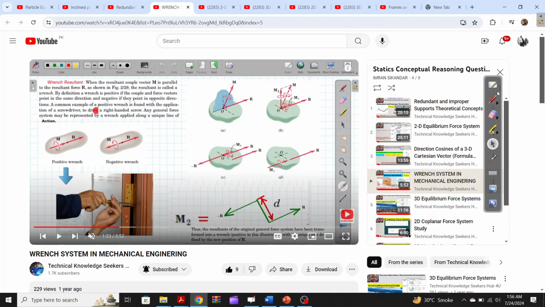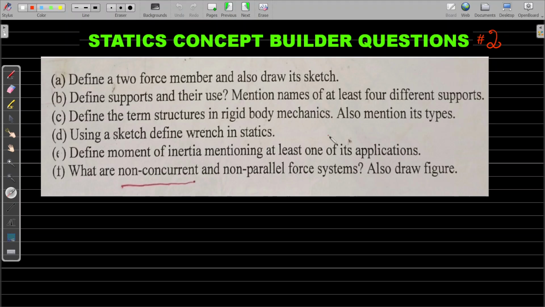This is very important. What about: define moment of inertia, mentioning at least one of its applications?